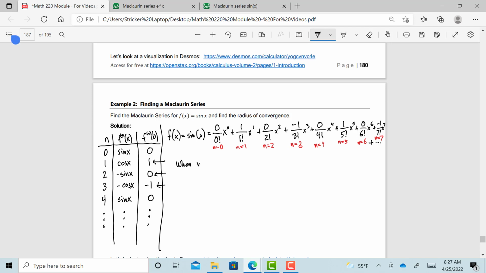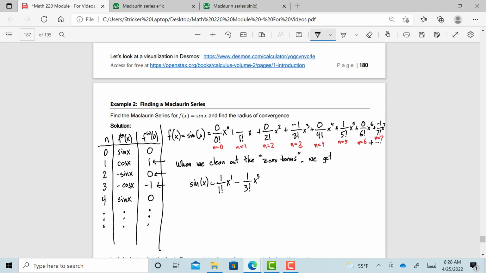When we clean out the 0 terms, we get that sine of x is equal to basically 1 over 1 factorial times x to the first minus 1 over 3 factorial times x to the third.